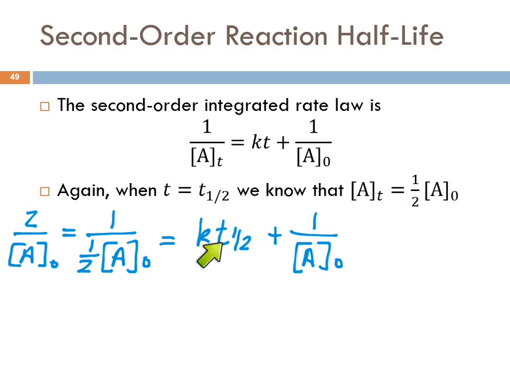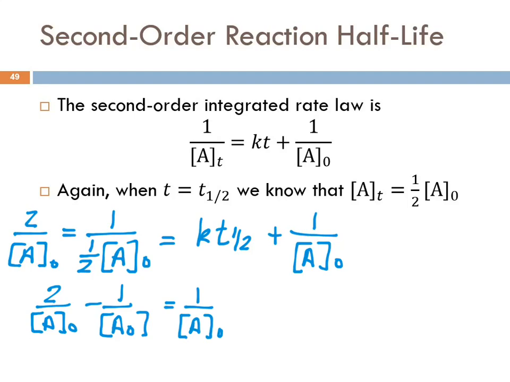And we're trying to get T1/2 by itself. So if we take this and move it over to the other side, then we've got 2 over A0 minus 1 over A0. What does that equal? 1 over A0.